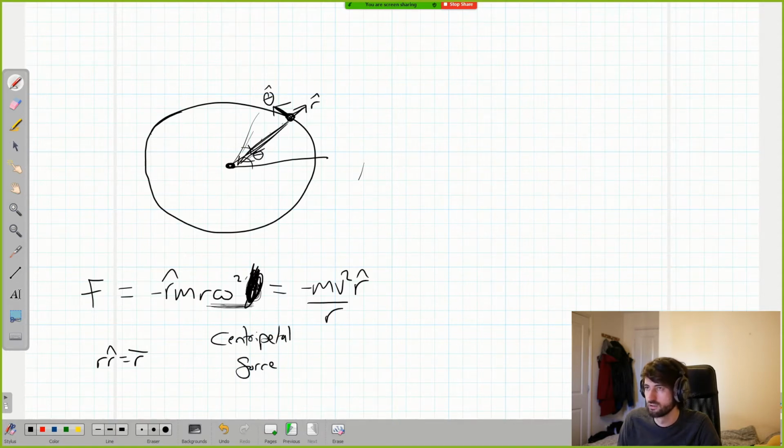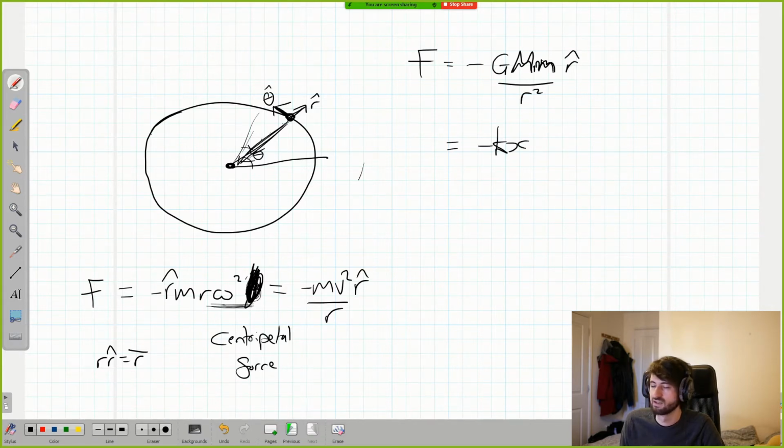And really, you're only ever going to encounter three of these. One is gravity. The second one is a rope or any kind of tension, kx.